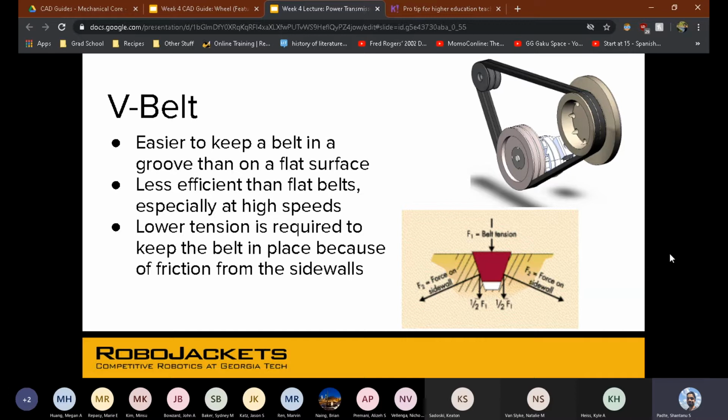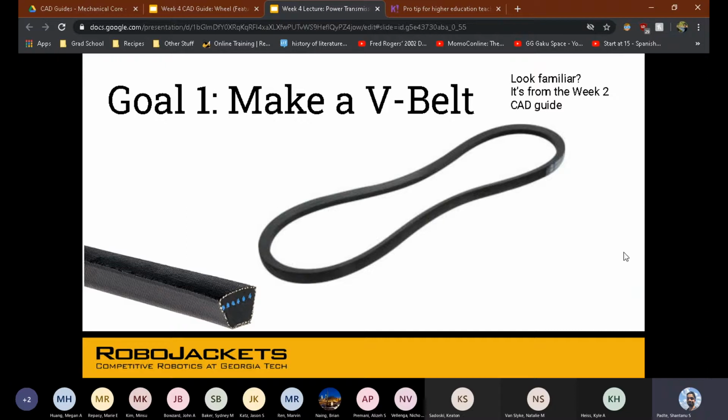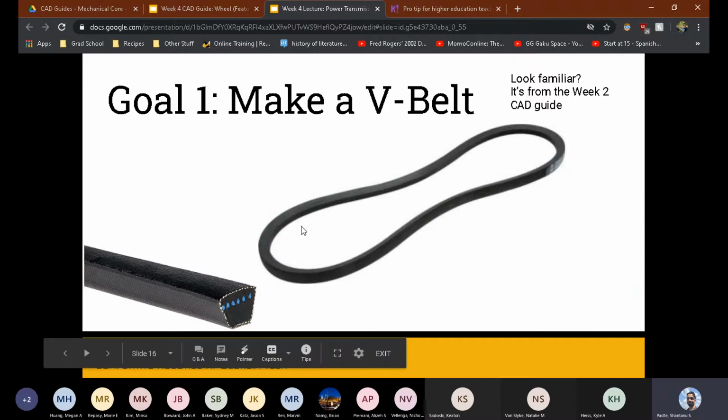So it's slightly less efficient than a flat belt. And you need to maintain lower tension because of the same reason. So we already made a V-belt from the week 2 CAD guide. I hope you guys remember this.